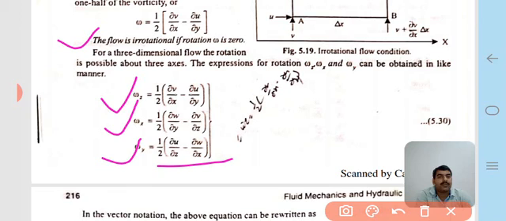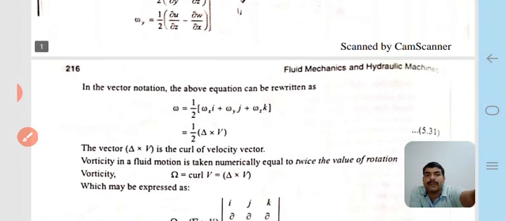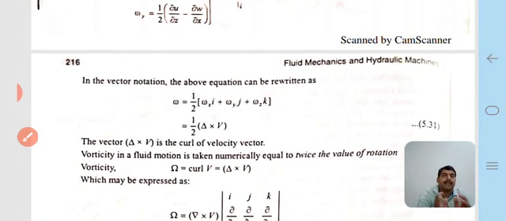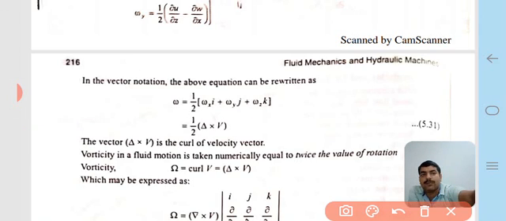In vector form, the rotation can be written as omega is equal to 1 by 2 times the bracket omega x i plus omega y j plus omega z k, which is 1 by 2 of del cross v.